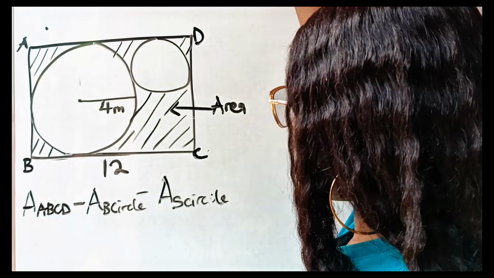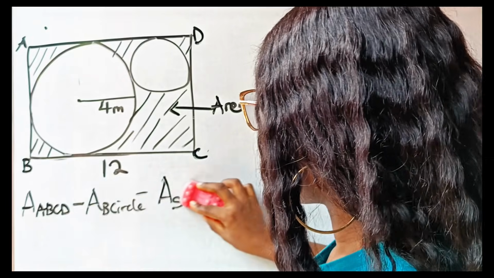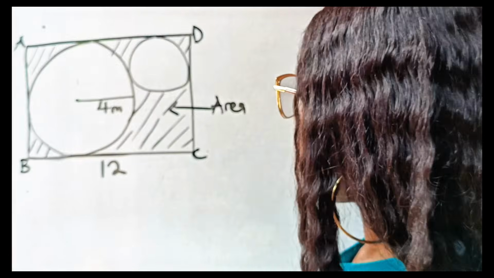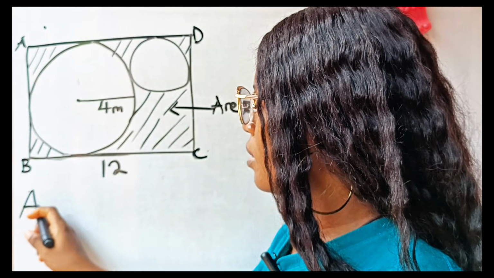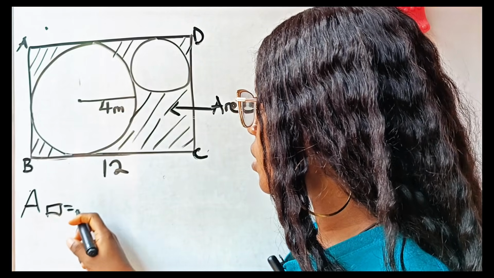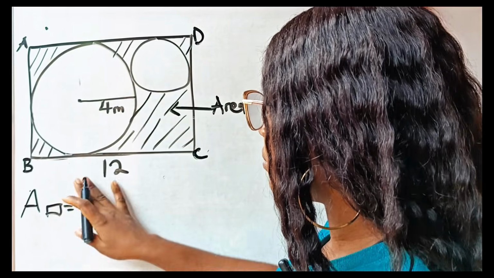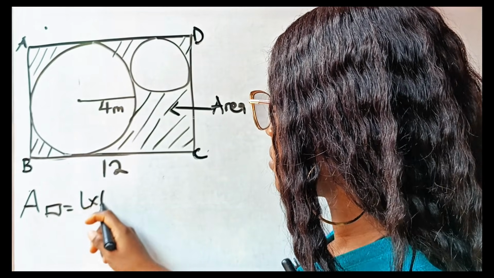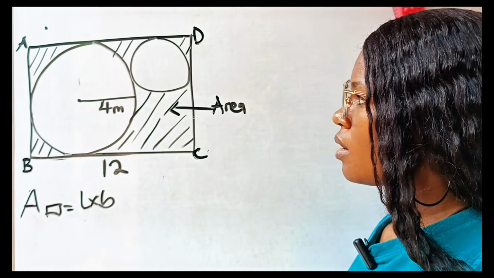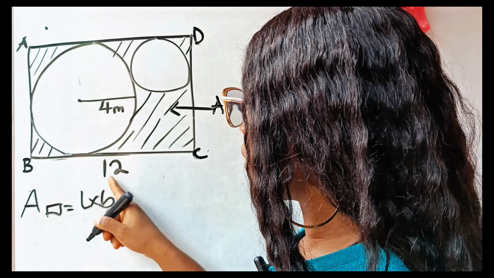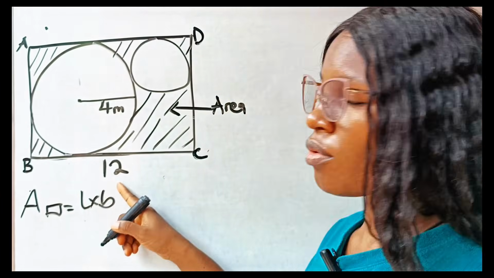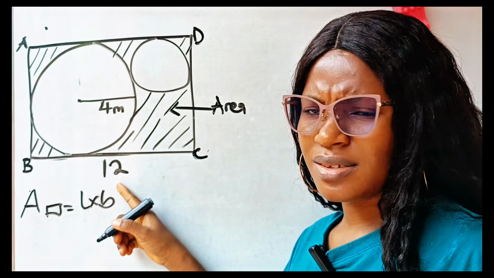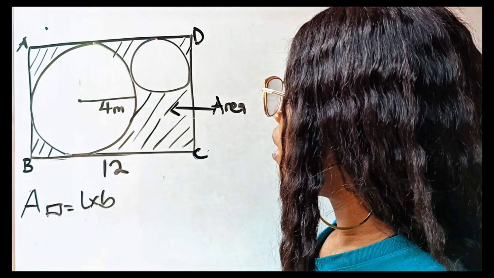So first of all, let's find the area of the rectangle. The area of a rectangle is equal to length times breadth. The length is 12, but what is the breadth?